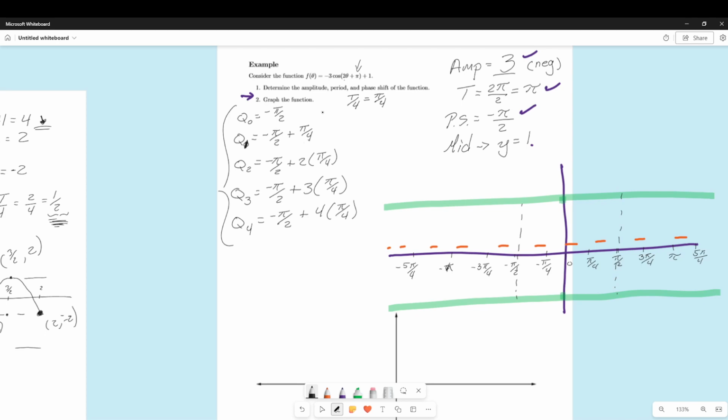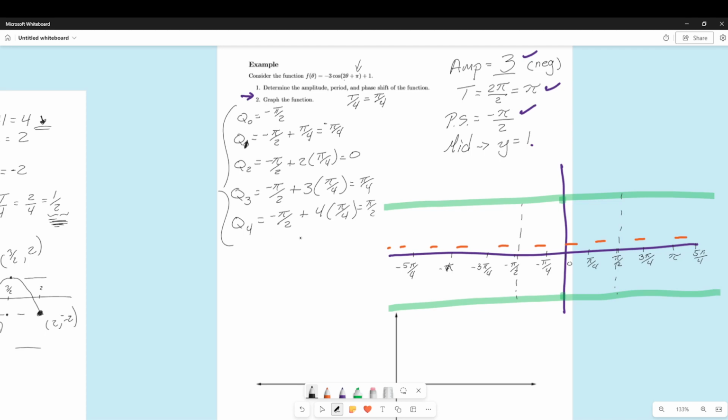Now you could actually do the math on these, there's nothing wrong with that at all. So that's going to be at negative pi over 4. Then that's going to be at 0. And that's going to be at pi over 4. And that's going to be at pi over 2.